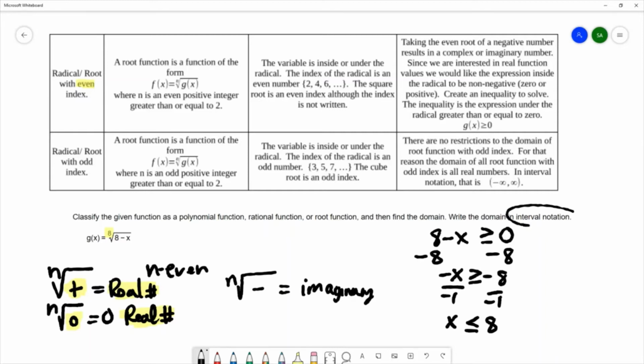And I want to write that domain in interval notation. So I'll write the number line. I'm going to mark 8 on the number line with a filled in dot. I'm marking a filled in dot because x can equal 8. And then I would shade values that are less than 8, so they're going to be values over here to the left of 8.